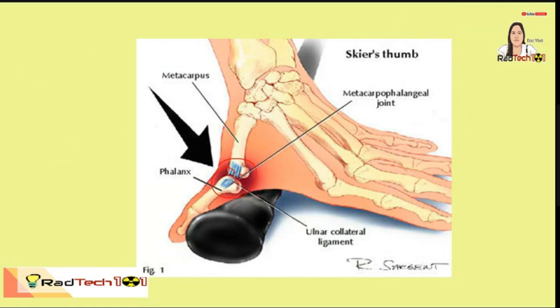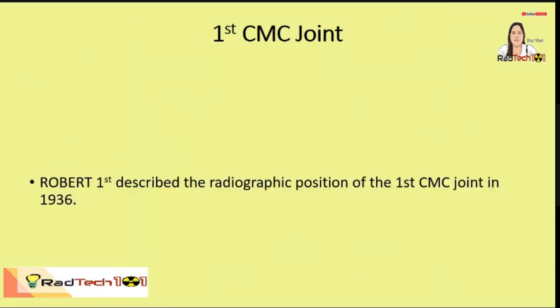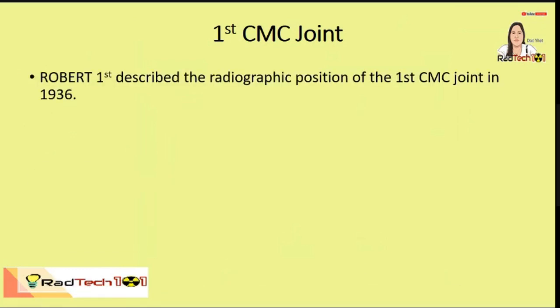Okay, so we are done with the first digit, second, third, fourth, and fifth. So next, we will discuss the first CMC joint radiography. So it was suggested by Robert, who first described the radiographic position of the first CMC joint in 1936. Then, in 1988, nag-modified si Lewis ng central ray.